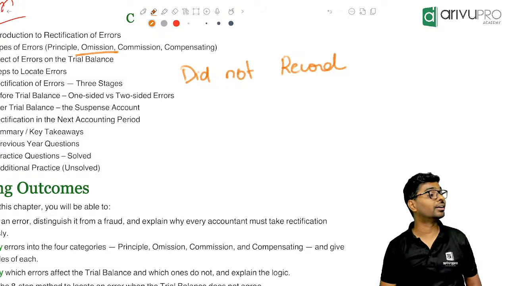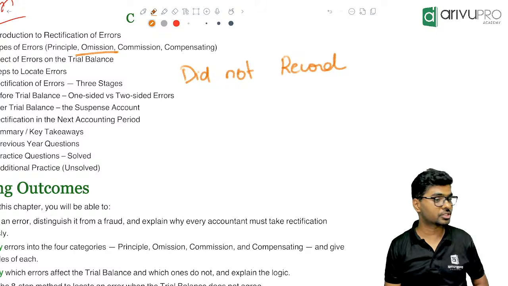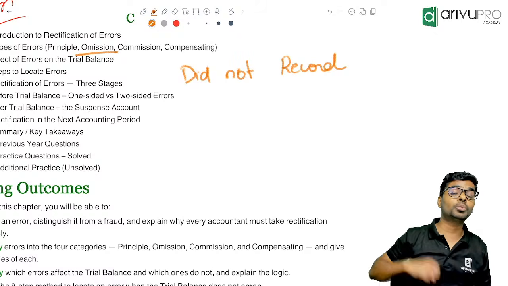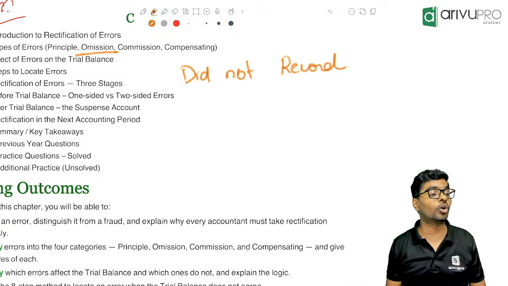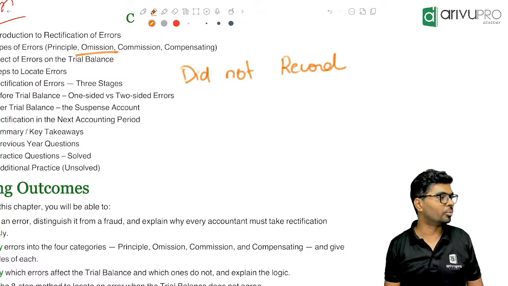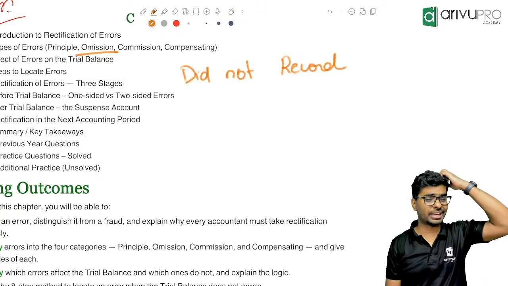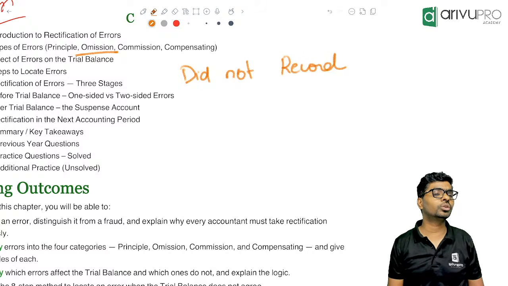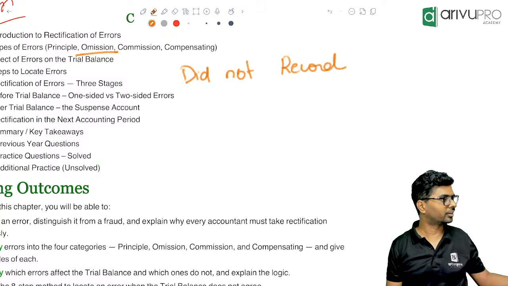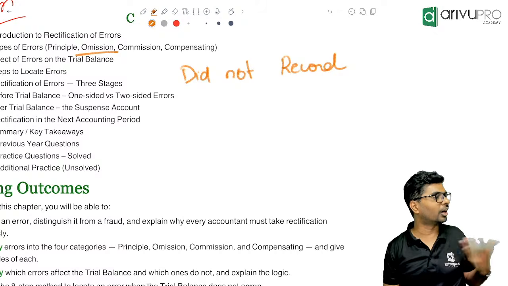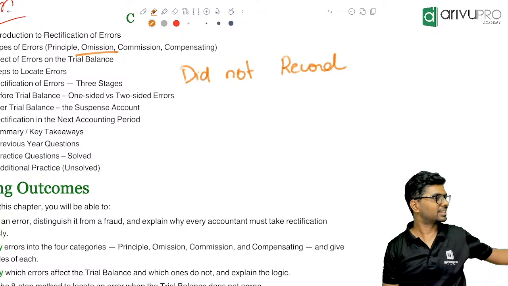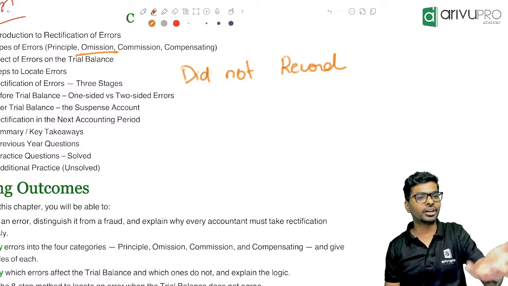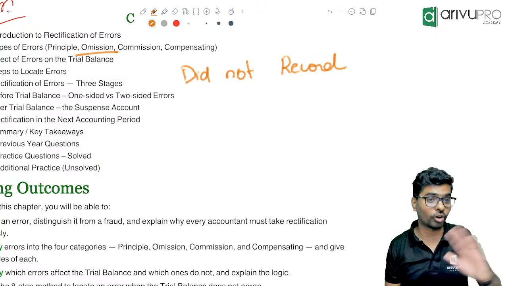If you have failed to record a transaction or failed to post a transaction, we call it an error of omission. Now I'll tell you, you did not record. What will you do? Now record it. That's the way we are going to rectify it. Errors of omission are simple. You did not record, you will now record it.